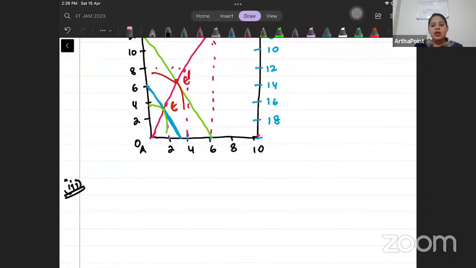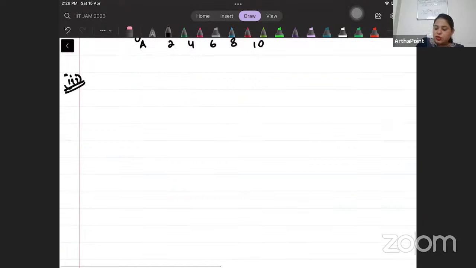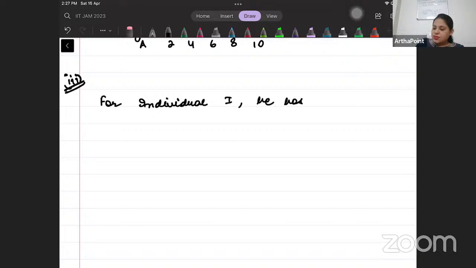So in this, what we can do is take different ratios of the prices. The reason being that individual one has a substitute good. So please write down: for individual one, he has a substitute good.